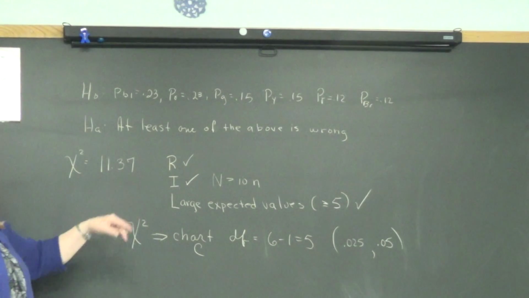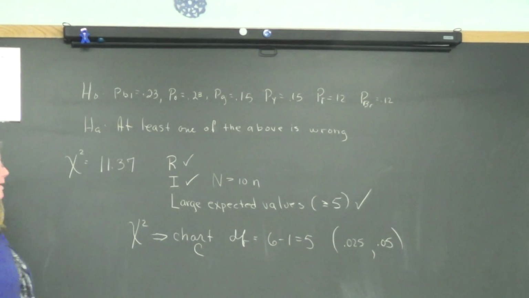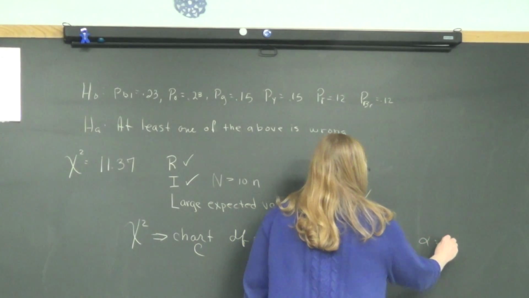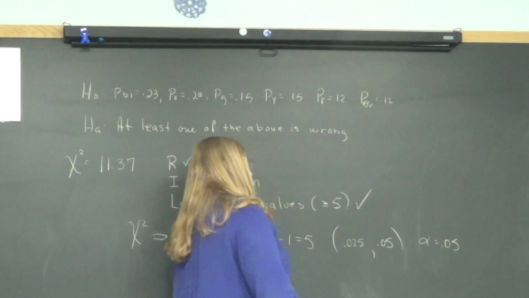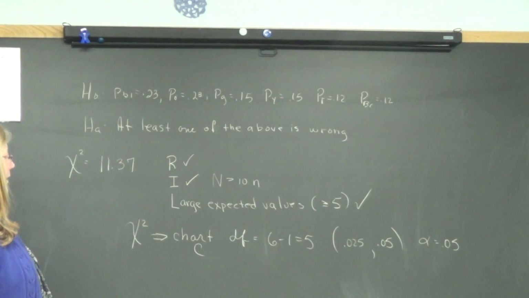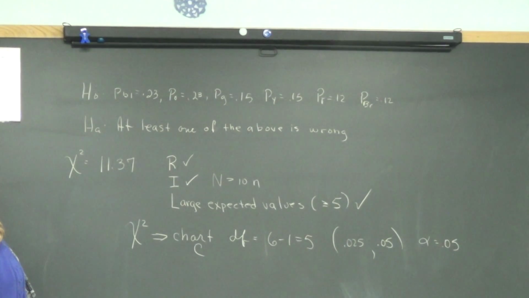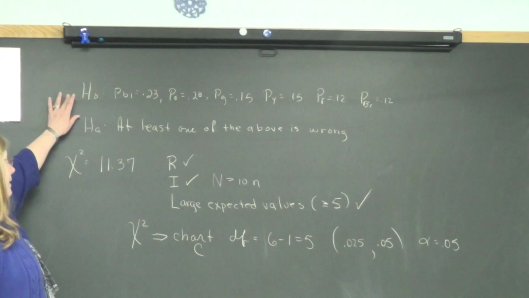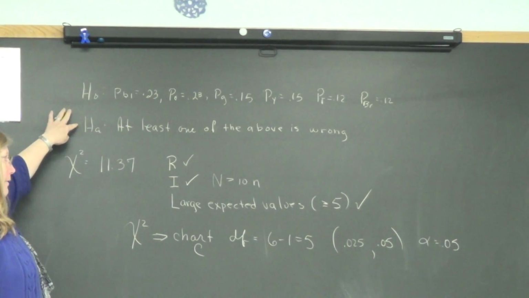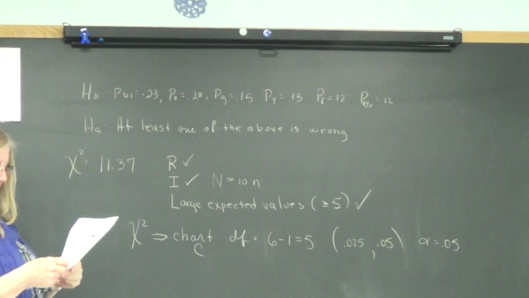It'll be between 2. All right, so if we're doing alpha of 0.05, Bailey, is this a fail to reject or reject? All right, because it's lower than 0.05. We will reject the null hypothesis and assume that at least one of the above is wrong.